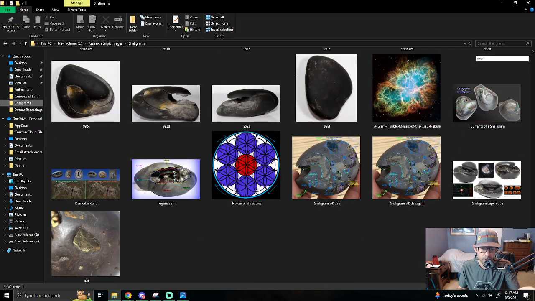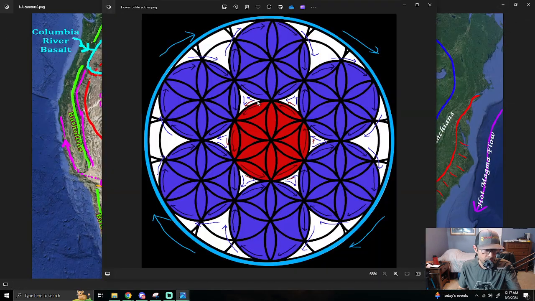I feel like it's in here for some reason, like this, where there's a general eddy that is then inducing smaller eddies within it to a point where it actually induces a nucleus going the opposing direction. Whether or not the flower of life aspect of this is interpreted correctly, this general thing is where there's an outside current leading to an outside eddy leading to an inside eddy going the opposite direction.